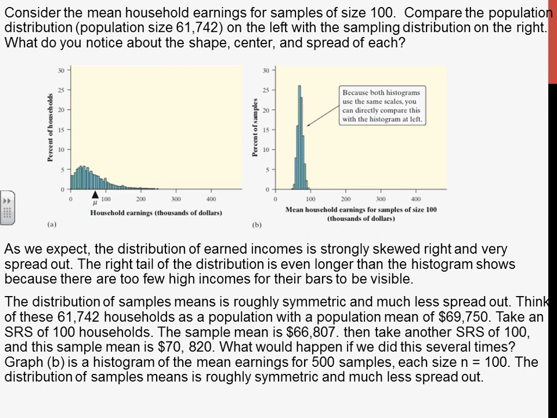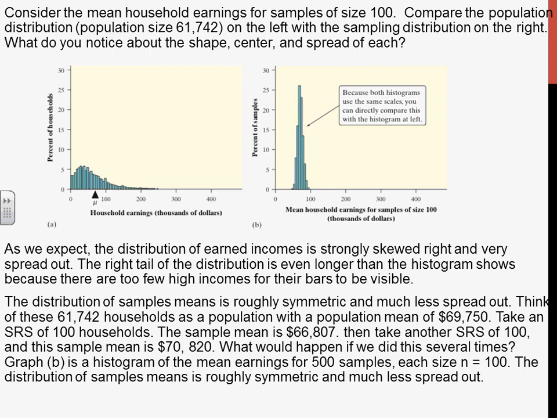The distribution of earned incomes is strongly skewed to the right and very spread out. The right tail of the distribution is even longer than the histogram shows because there are too few high incomes for their bars to be visible. So would you expect this? Yeah. The distribution of sample means is roughly symmetric and much less spread out.